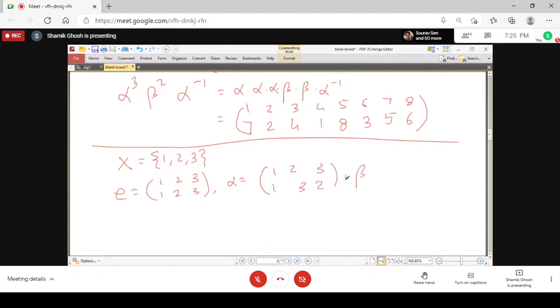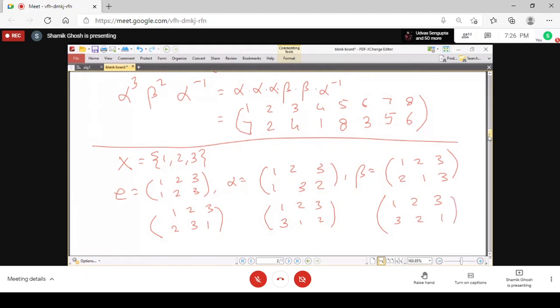Suppose this is beta, where 1, 2, 3 goes to 2, 1, 3. And then 1, 2, 3 goes to 2, 3, 1. And then 1, 2, 3 goes to 3, 1, 2. And finally, 1, 2, 3 goes to 3, 2, 1.